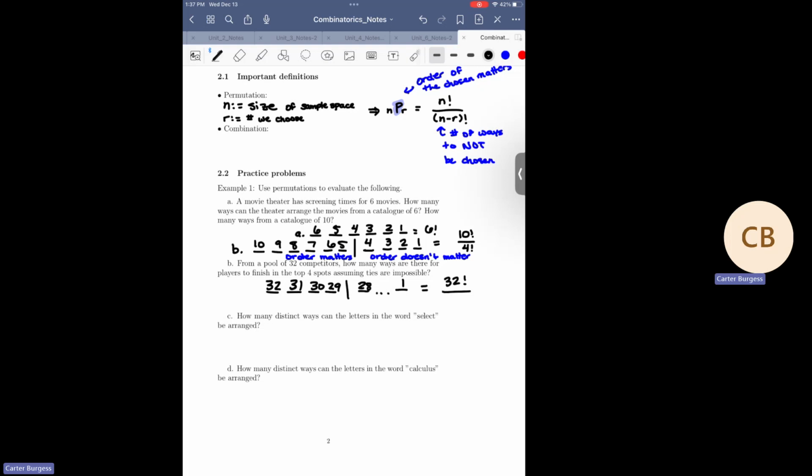But what am I going to divide out? What orderings do I not care about? 28 of those spots can be interchanged as much as I like. And so I divide out 28 factorial, because I can shuffle everything to the right of that dividing line as much as I like, and nothing is going to change.